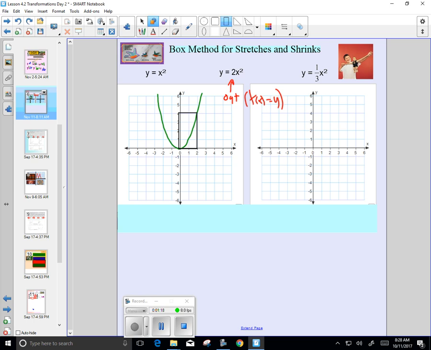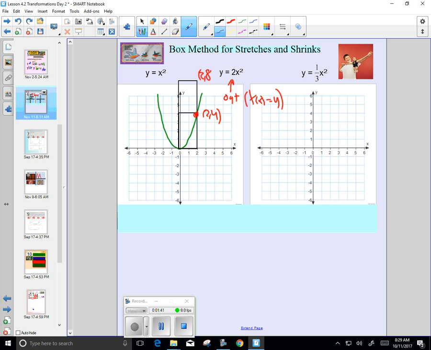So I'm going to make a box that at 0, 0 still goes out to 2, but we're going to double it up to 8. So this corner here, which was at 2, 4, now is going to be at 2, 8.